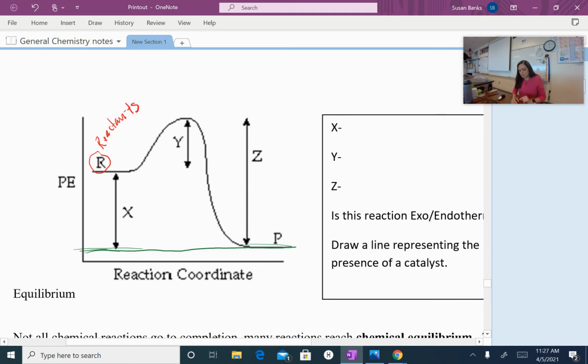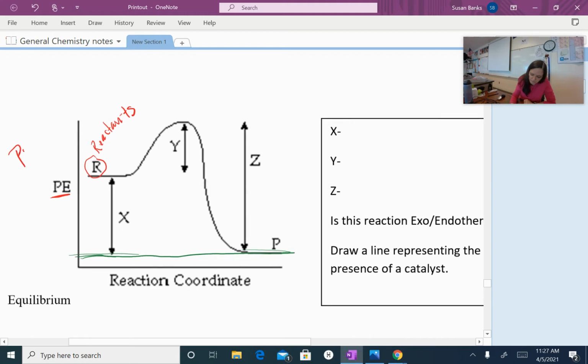Okay, so you'll notice that on this Y axis, we have PE. What does PE stand for? It stands for potential energy. So this is the energy that we have in the bonds of the reactants and the products and everything else in between as we go through this reaction.